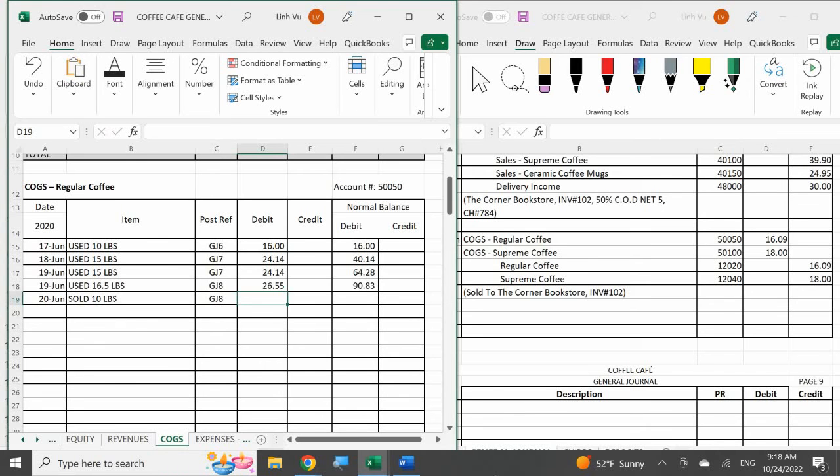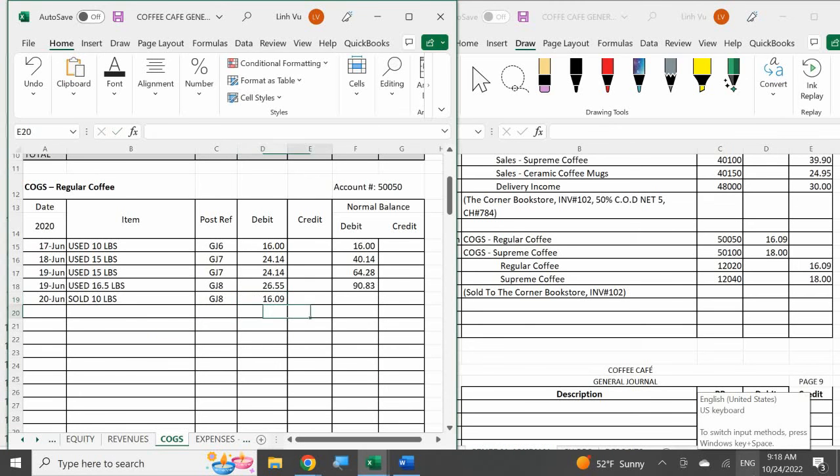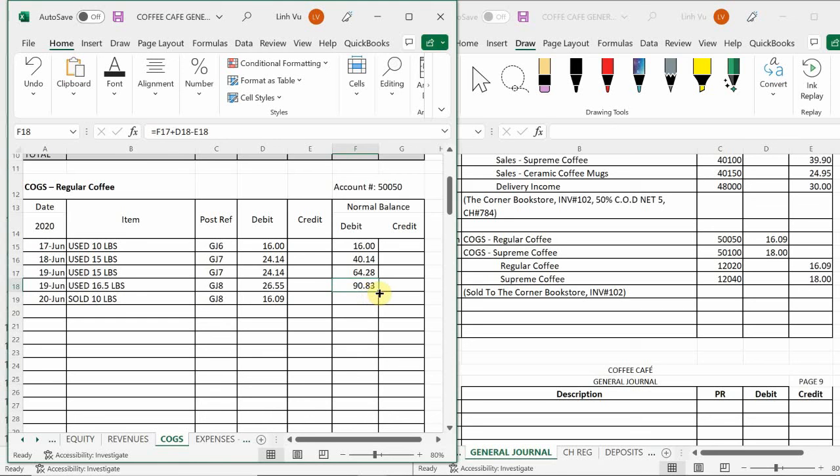It cost me 16.09. So how much is my ending balance? 106.92. Good.